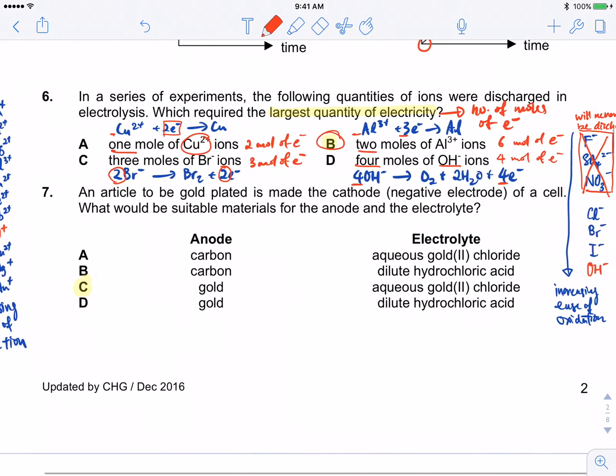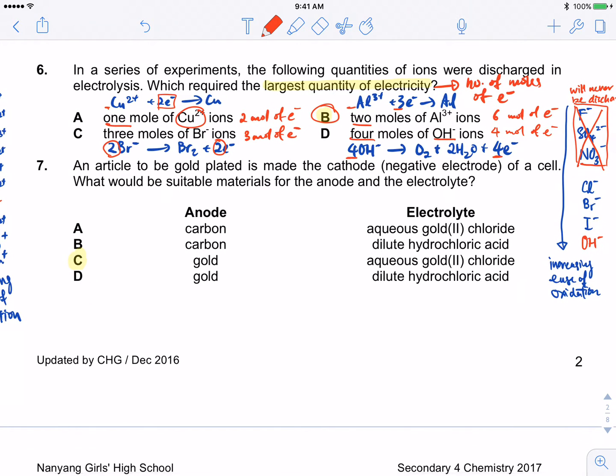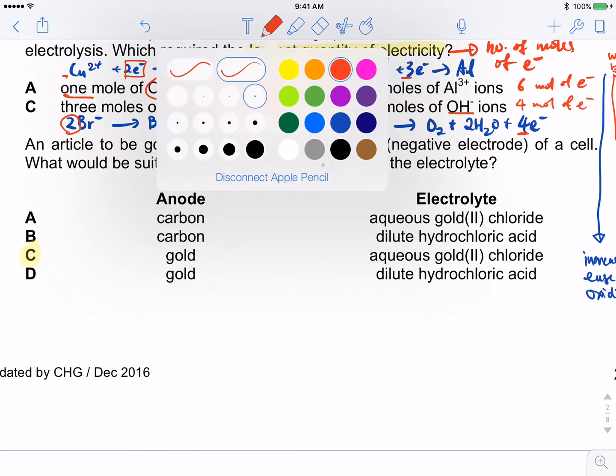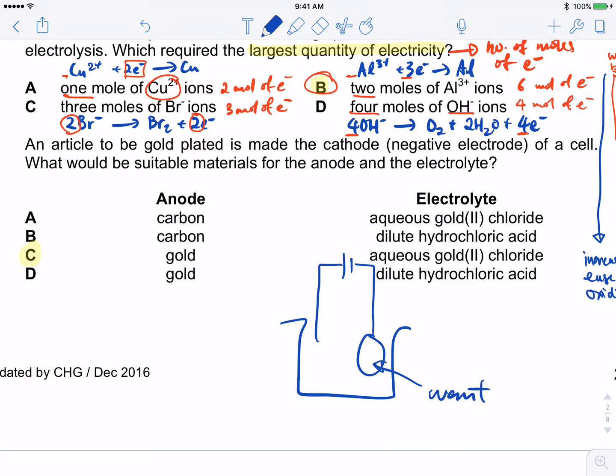Question 7. An article to be gold-plated is made the cathode of a cell. What will be suitable materials for the anode and the electrolyte? We have done questions about electroplating before. Here they say the item to be plated, let's just draw a circle, should be at the negative terminal.